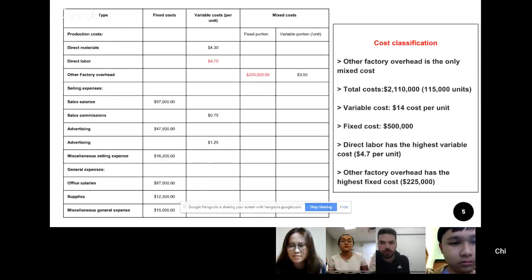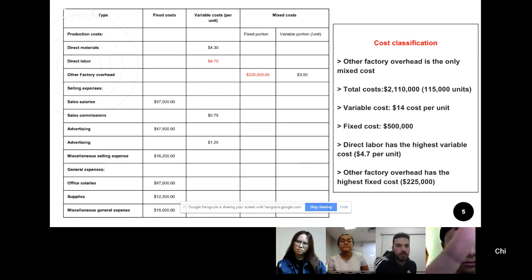Hi everyone. My name's Michael. I'm team lead of Melbourne, and I will be talking about our analysis and findings, more specifically our cost classification. As you can see in our table here, we have our fixed costs, variable costs, and mixed costs. With our fixed costs, we have sales salaries, advertising, miscellaneous selling expense, other salaries, supplies, and miscellaneous general expense.